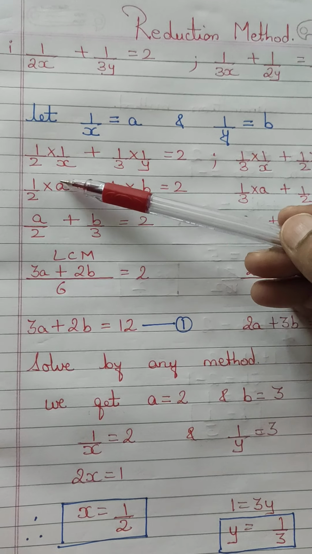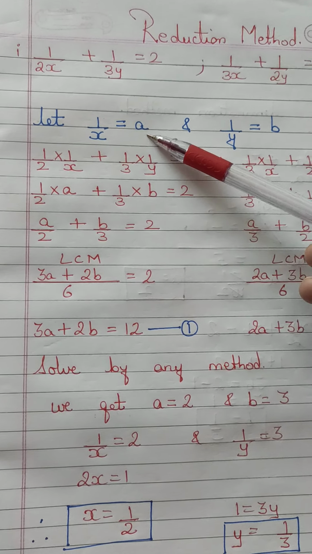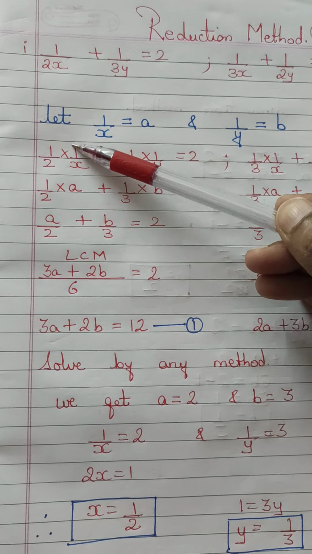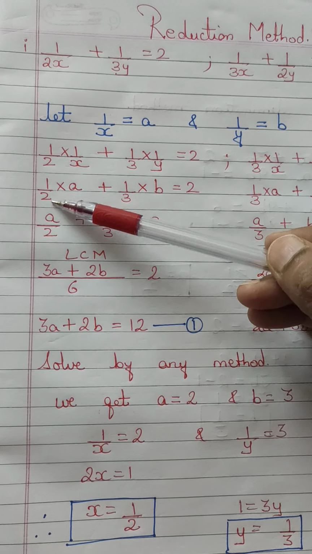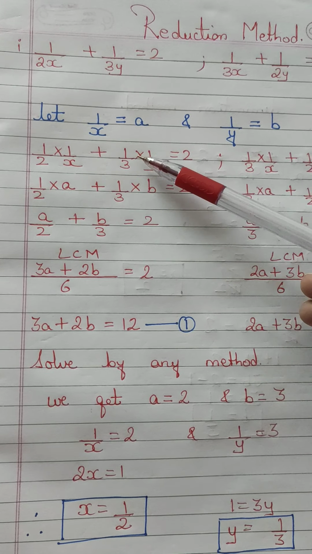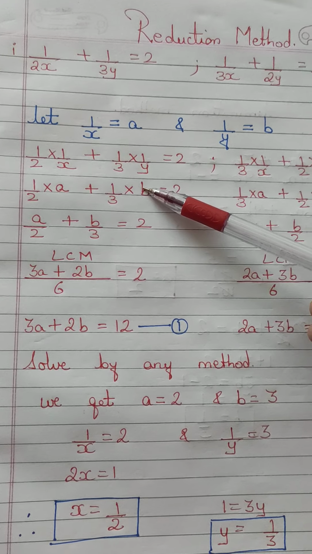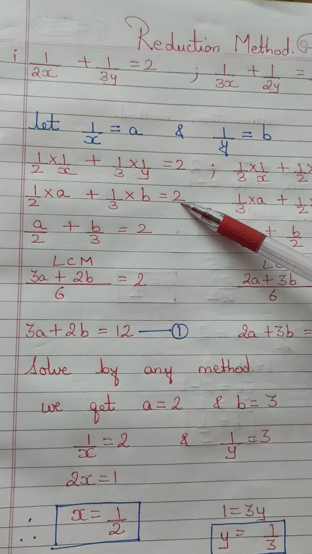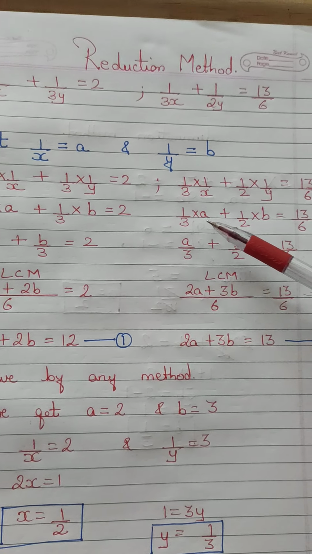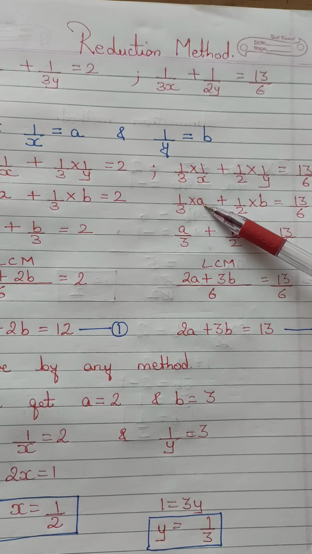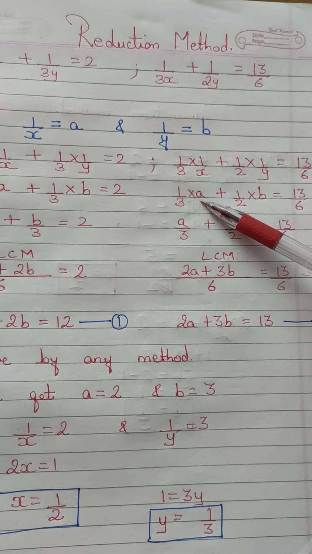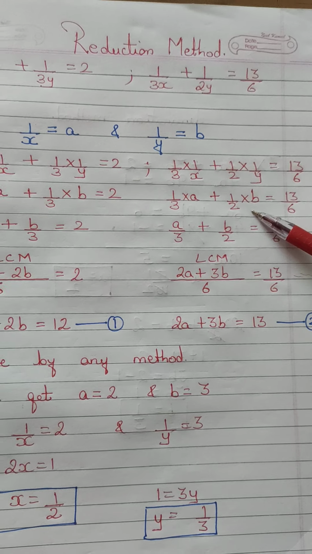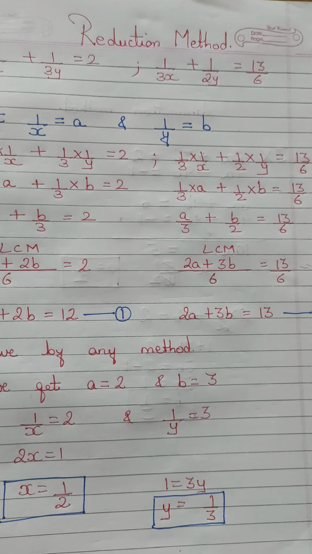Alright. Now, 1 upon x is equal to what? It is a. So, I'll substitute a where I have 1 upon x. So, it becomes 1 upon 2 into a plus 1 upon 3 into b. Why? Because 1 upon y is equal to b, which is equal to 2. Okay. 1 upon 3 into a, again 1 upon x is equal to a, so I have written a over here, plus 1 upon 2 into b, because 1 upon y is equal to b, and equal to 13 upon 6 as it is.